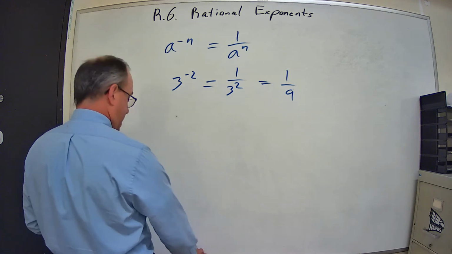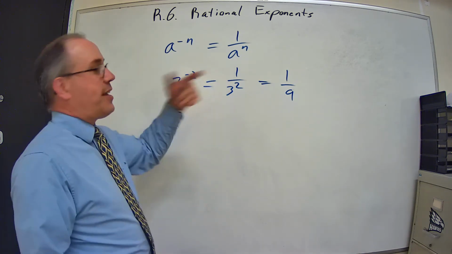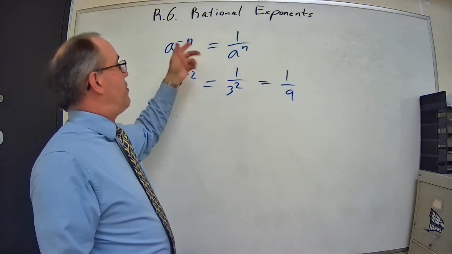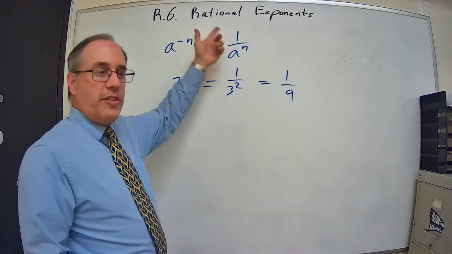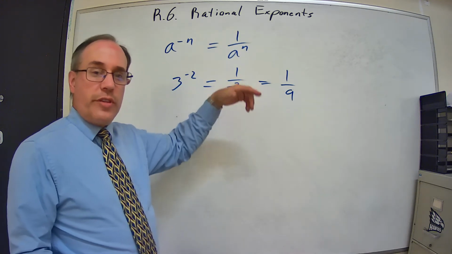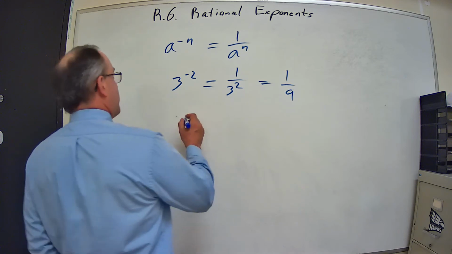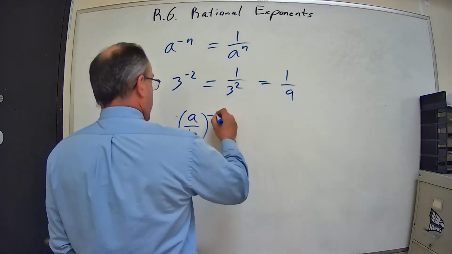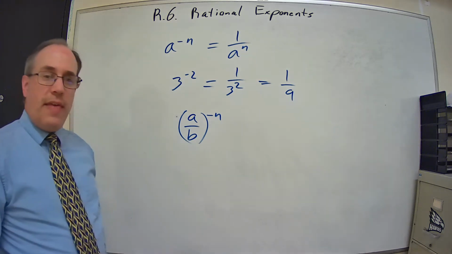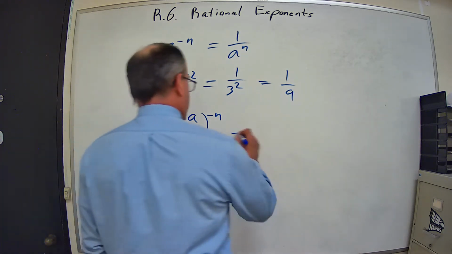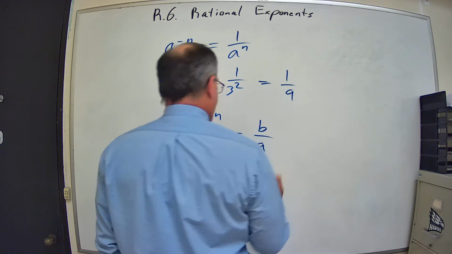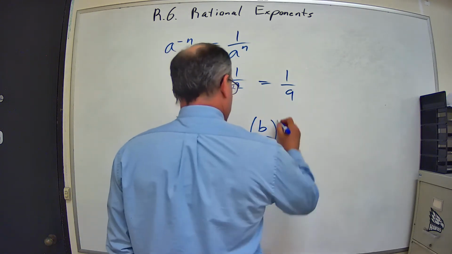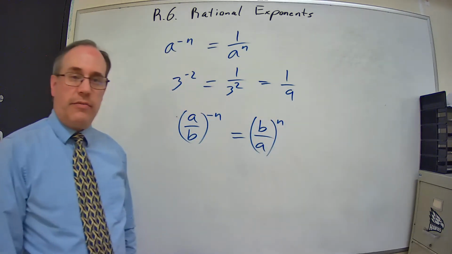Recognize too that if it's in the denominator, you move it into the numerator, and if it's in the numerator, move it into the denominator. It also has the effect that if you have a over b to the negative n, that can be rewritten as b over a to the n.